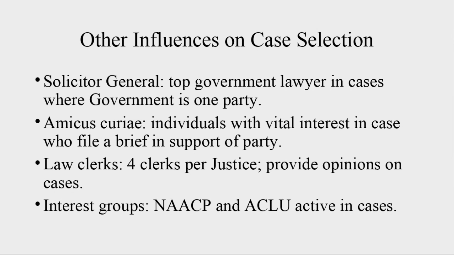So if there is a civil rights issue, the NAACP will get involved. If it's a civil liberties issue, the ACLU tends to get involved. If a major interest group like these two gets involved, the odds that the court will hear it go up even more, because there's a lot of recognition of the importance of the case.